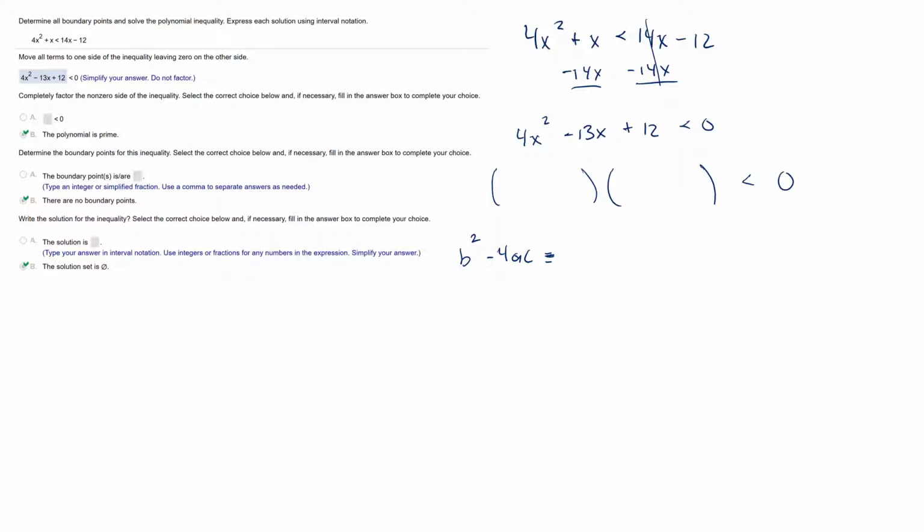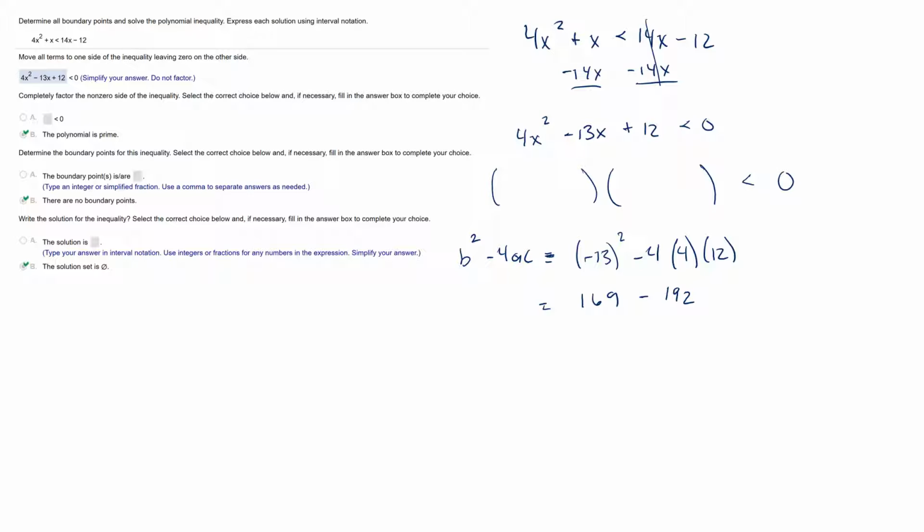So b is negative 13, so we have negative 13 squared minus 4 times a, which is 4, times c, which is 12. And so we have 169 minus 4 times 12 is 48, and 48 times 4, I believe, is 192. But I'm going to check that on my calculator just to make sure. 48 times 4, yep, 192.